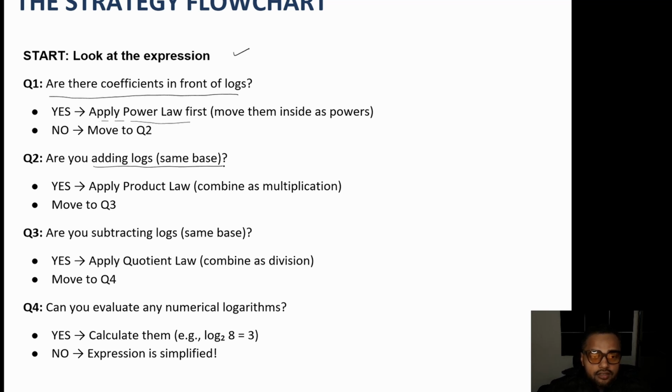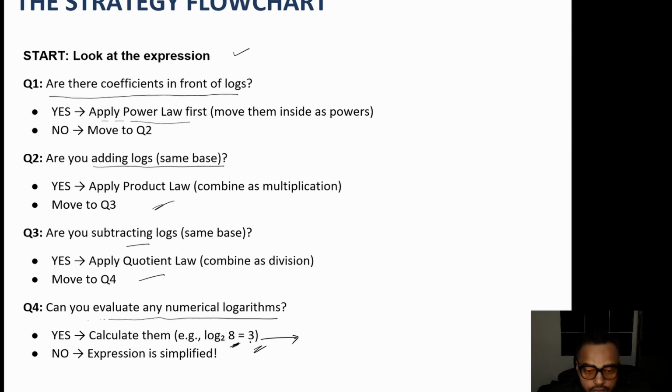If there are adding logs with the same base, we need to apply the product law. If there are subtracting logs, we need to apply the quotient law. Now if any numerical logarithm is there, for example log of 8 base 2, we can't leave the solution there itself.